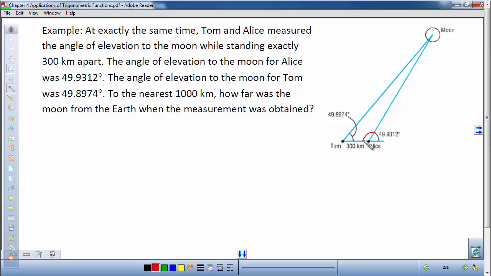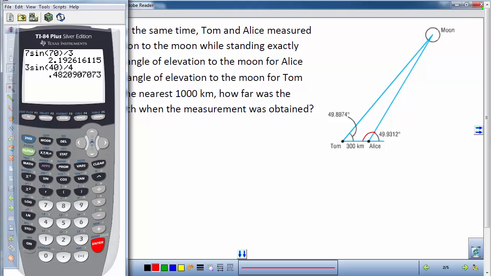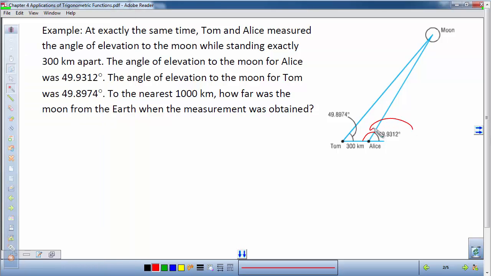So this other angle on the inside is 180 degrees minus 49.9312. So we get 130.0688 degrees.